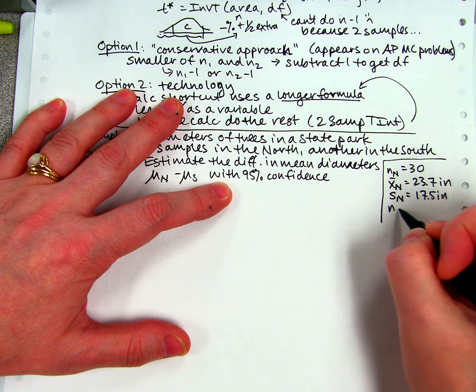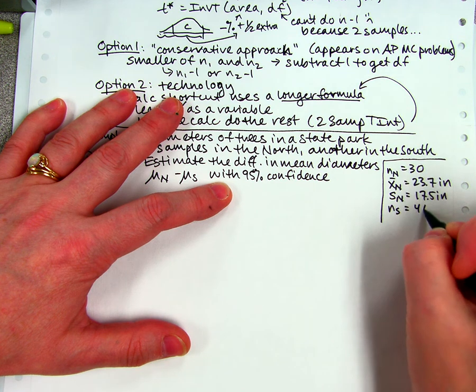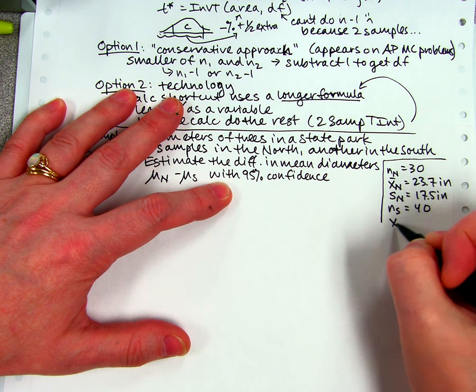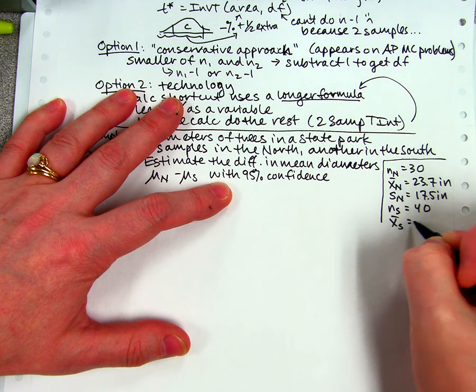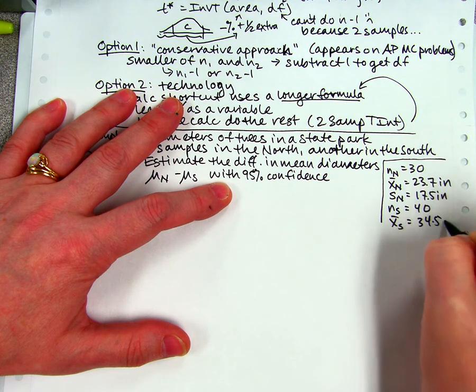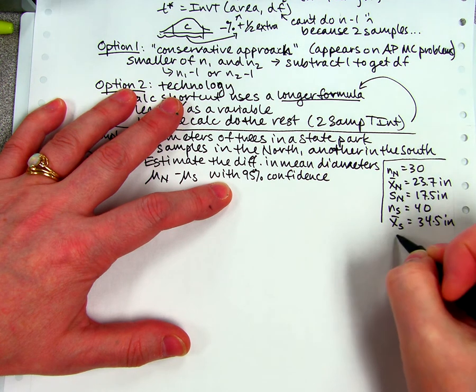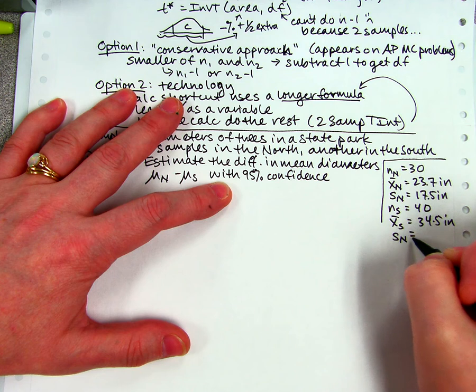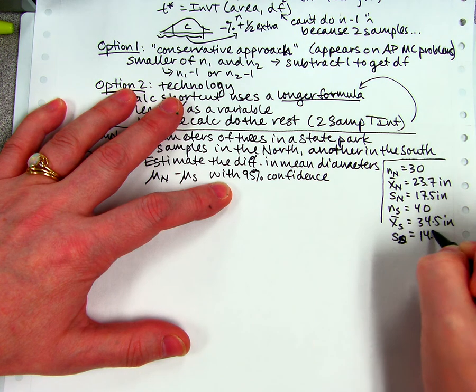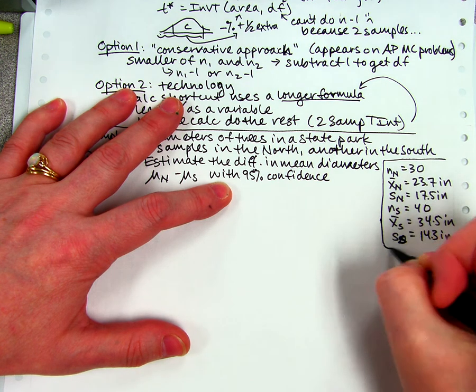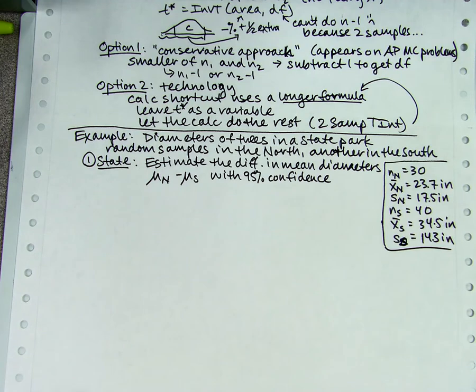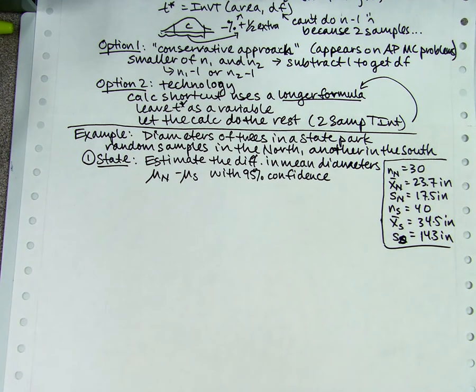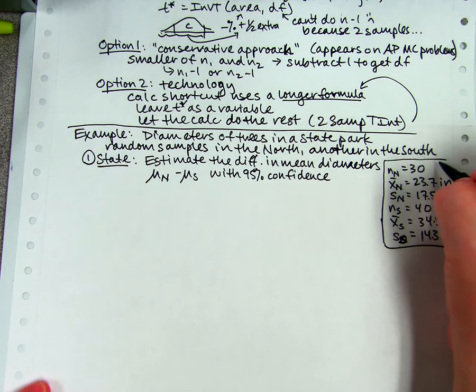The sample size for the south is 40, and the mean for the south is 34.5. Oh, look, they're wider. That's nice. But how much wider are they exactly? And this is supposed to say south, standard deviation for the south is 14.3 inches. Got it. That's the data that I forgot to give you before I started in on my state.